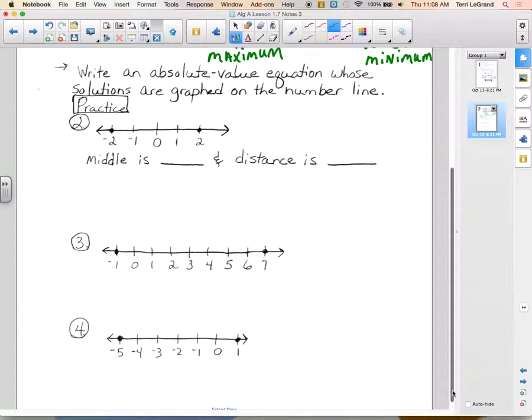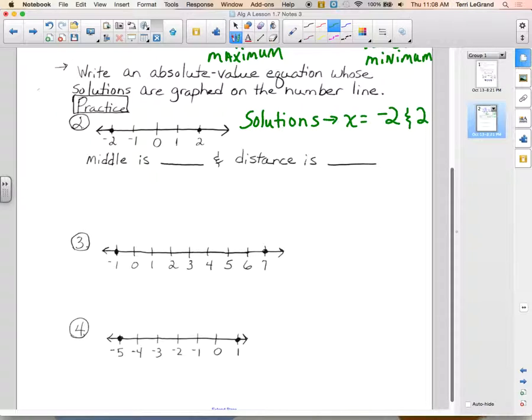Negative 2 and positive 2. So let's write that. Solutions: x equals negative 2 and 2. The number line tells us that, since we have points graphed at those locations.